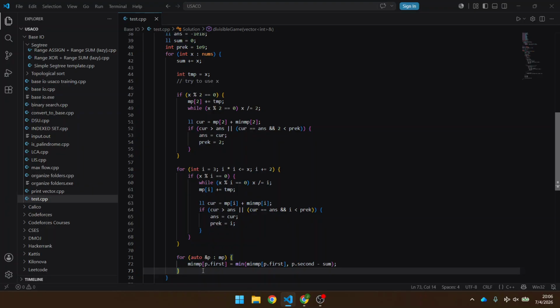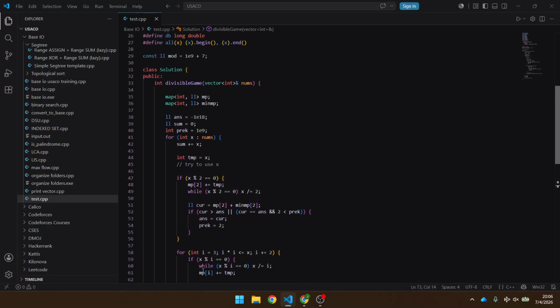So for p in map, min map p dot first equals min map p dot first, p dot second minus sum. It doesn't account for 2.